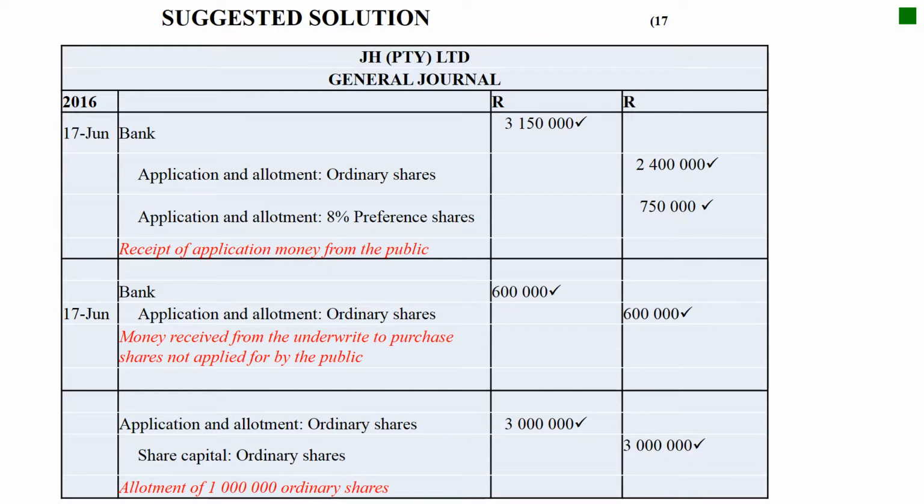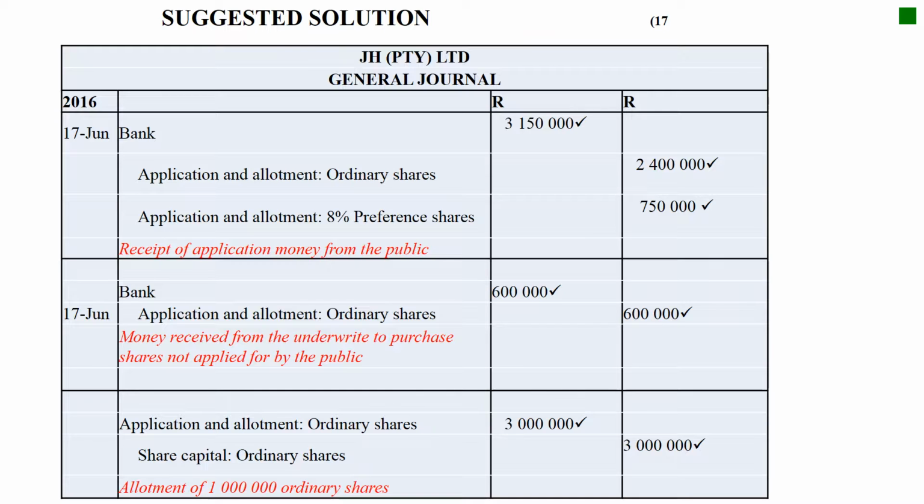So now, as at 17th of June, the bank had received 3,150,000, which was received for the application for ordinary shares. So we received an application for 800,000 shares at 3 rands each.